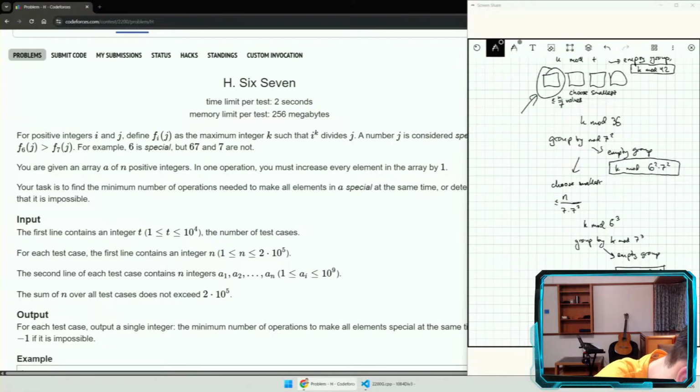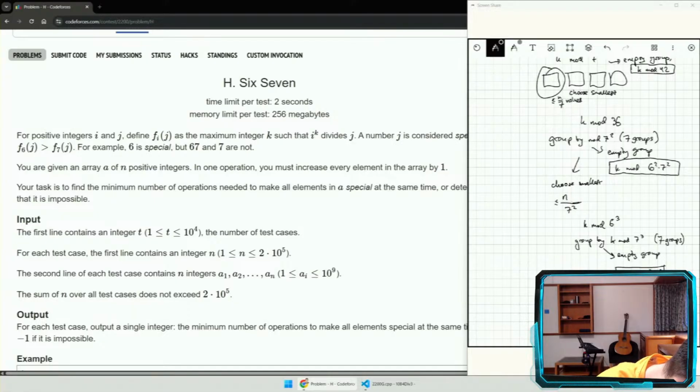Because if I chose a group, I committed to a modulo 7. So grouping by mod 7 squared, actually, this only splits me into 7 extra groups, not 7 squared groups. So this is 7 groups, and this is again 7 groups. So this isn't 7 times 7 squared, this is n over 7 squared. So yeah, it makes sense.